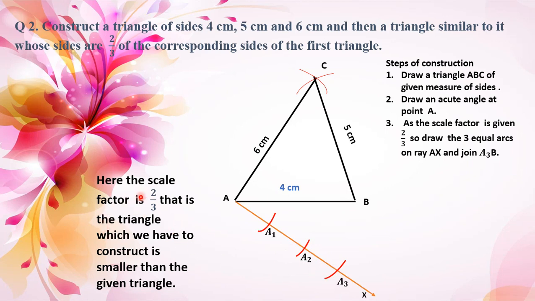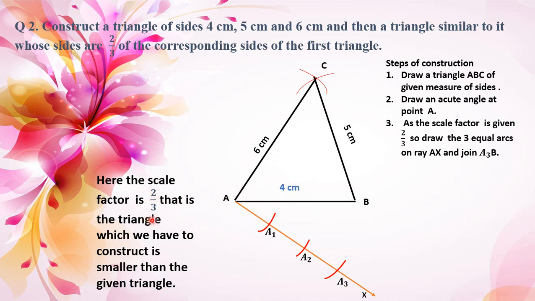Here the corresponding sides are given as 2 by 3. The numerator 2 is less than the denominator, so the triangle which we have to construct should be smaller than triangle ABC.